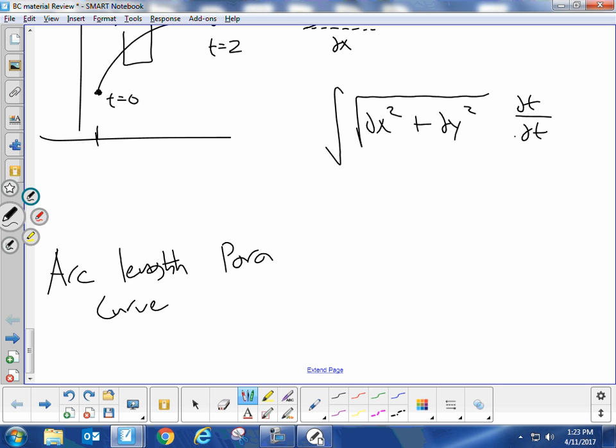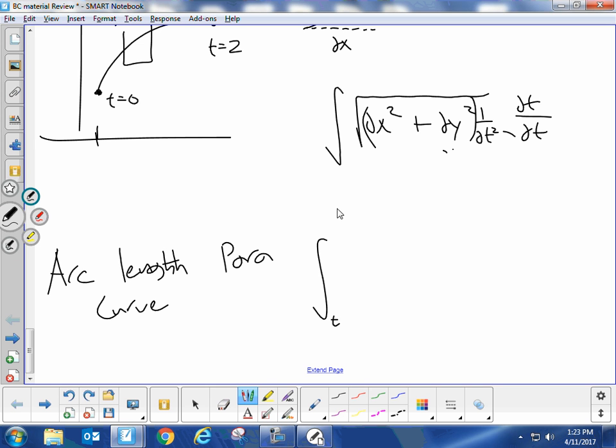Okay, now I'm going to throw this dt underneath the square root, but when I throw it underneath the square root, it needs to turn into dt squared. And it would be essentially like multiplying all of this stuff by 1 over dt squared. And what we can do is then put the dt squared underneath both of these and distribute it.